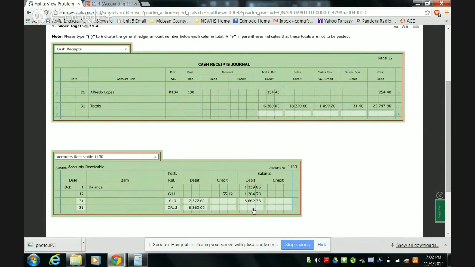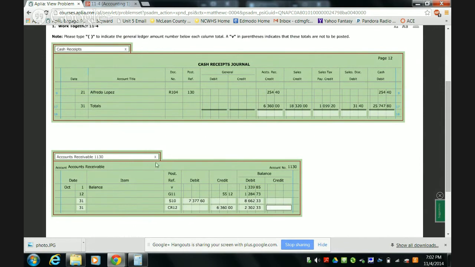I add that to my 8,000 that I've already got there, and I add that up. Oh, I'm sorry, I put it in the wrong spot. It should be a credit, as it says there, not a debit. So I subtract now because this one's a credit and this one's a debit, and I should end up with 2302.33.